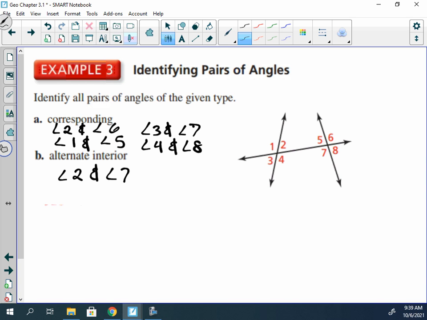So 2 and 7, then we will also have what? 5 and 4. Those are between the two lines and on opposite sides of the transversal. So they're alternate interior.